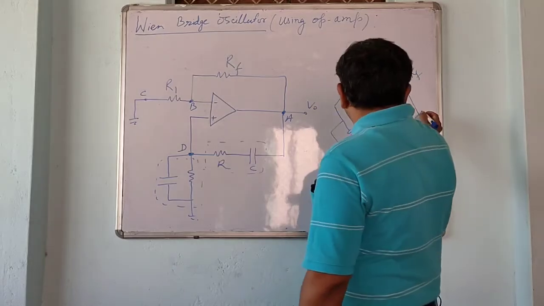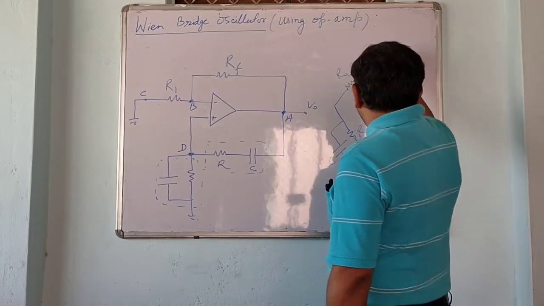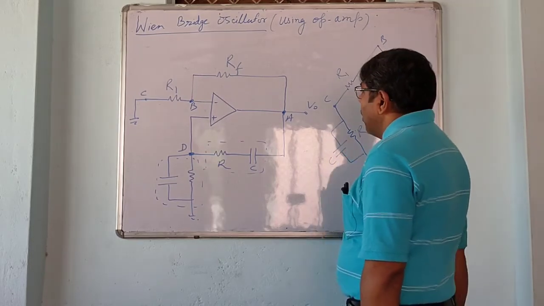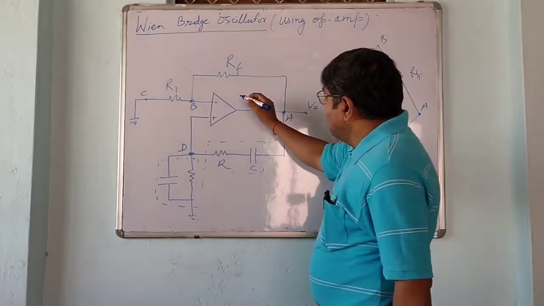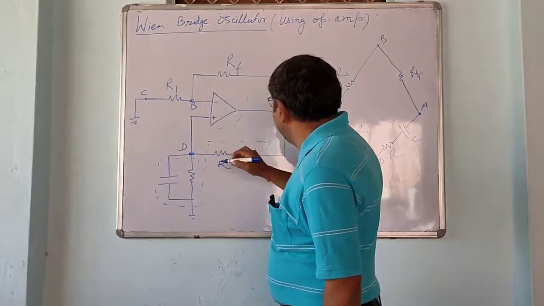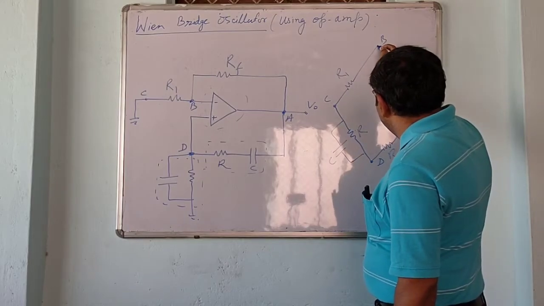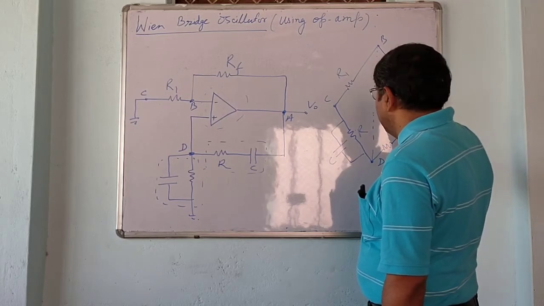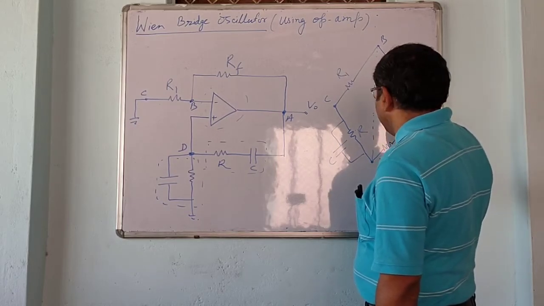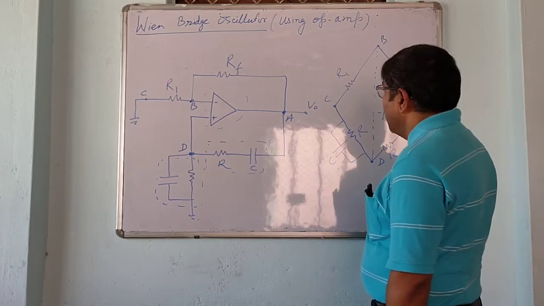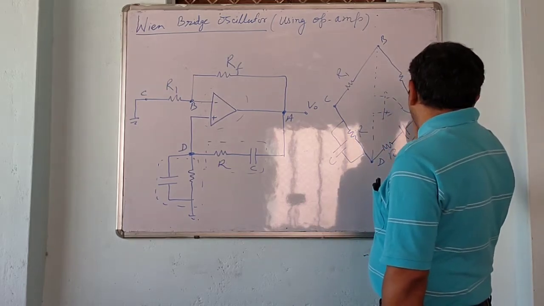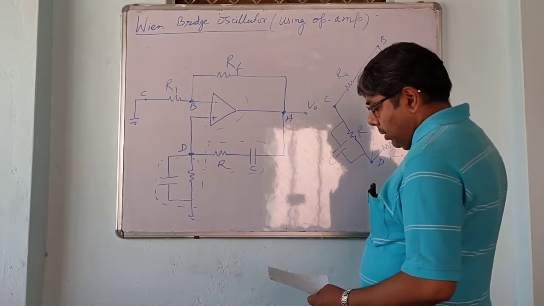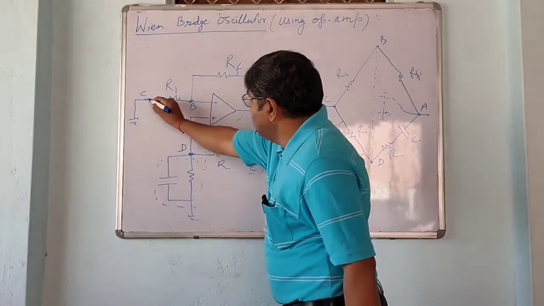And these are points A, B, C, and D. So this operational amplifier is connected between B and D. So here at these two terminals we have the operational amplifier, plus and minus, and this is grounded, C is grounded.